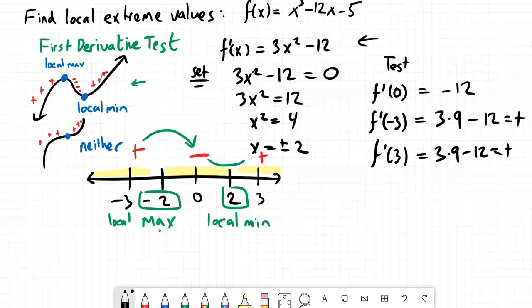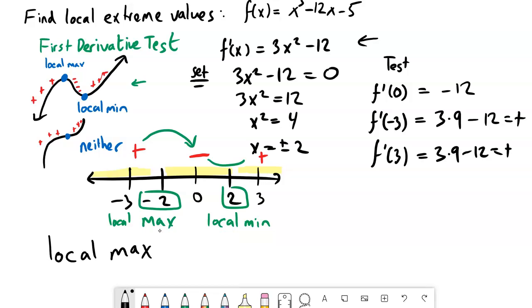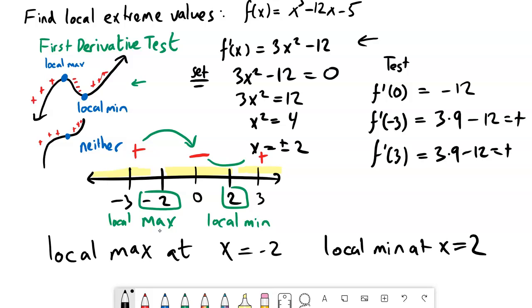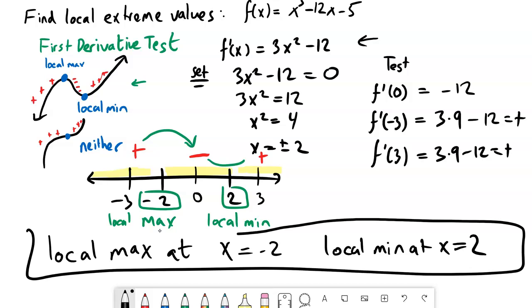But all in all, local max at x equals minus 2, and then local min at x equals 2. And that's it.